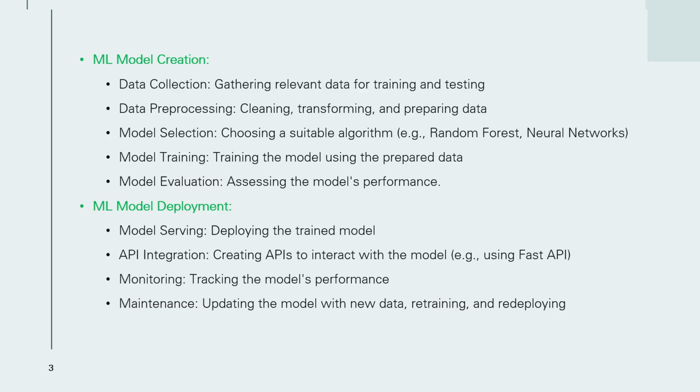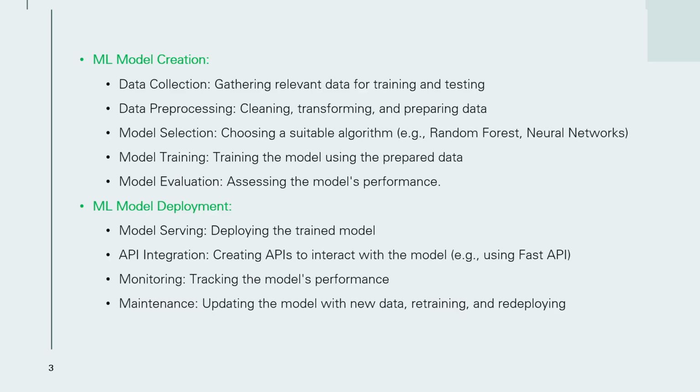So for model creation, we have to do some data collection, and then we do some pre-processing part. After this, the model selection, in our case we have a random forest classifier, and we will train the model based on our random forest classifier, and then we do some evaluation of the model, the performance of the model, actually how it works.